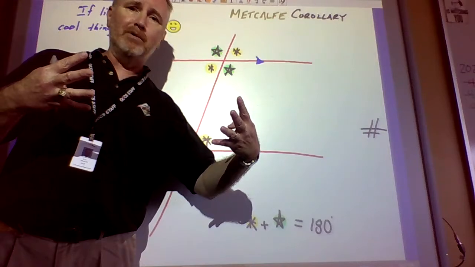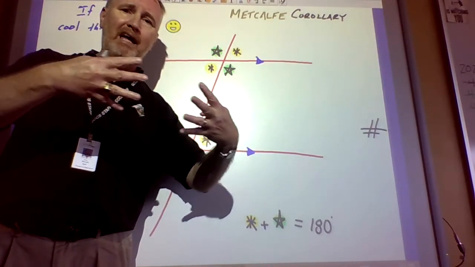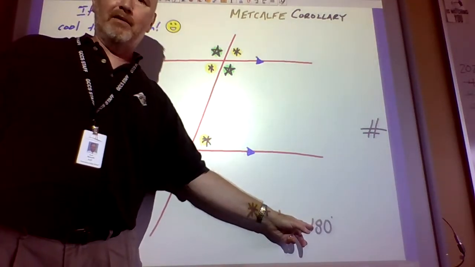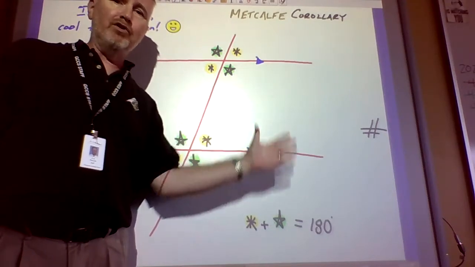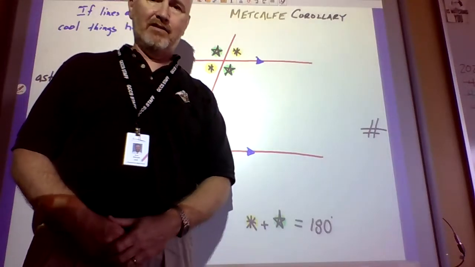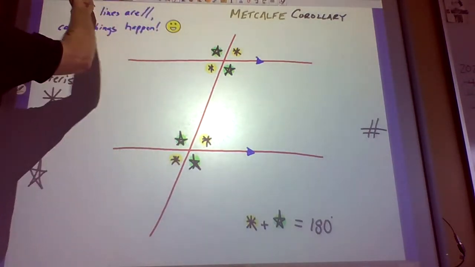And then here's the beauty of it all. These 4 that are the same and these 4 that are the same, when you add together, an asterisk plus a star would add up to 180. So if you know one angle, you can use your brain and these concepts we just learned today to find out the other 7.